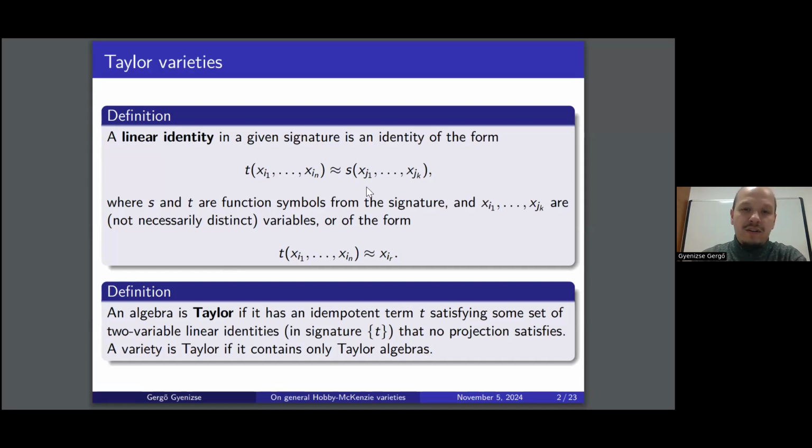That means that for each position we must have one identity where on the left side there is an x and on the right side there is a y. The variety is Taylor if it only contains Taylor algebras, and in that case, thinking about the free algebra generated by two elements, you can see that the Taylor term can be chosen to be the same for all algebras in the variety.